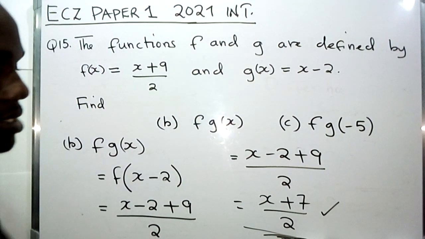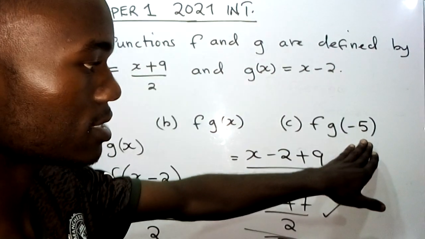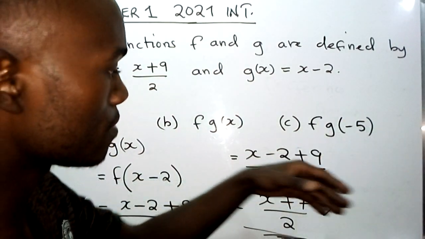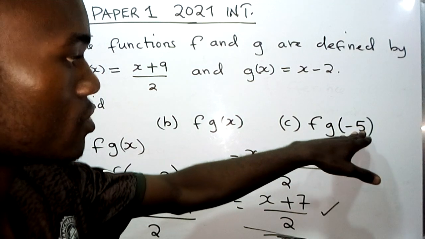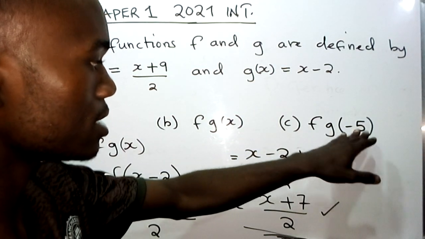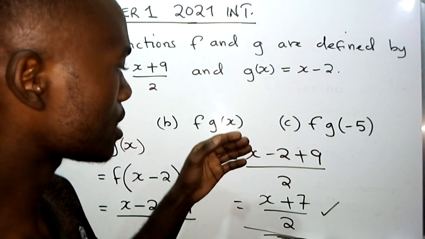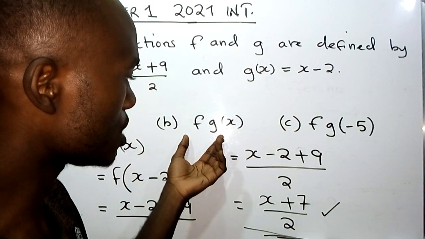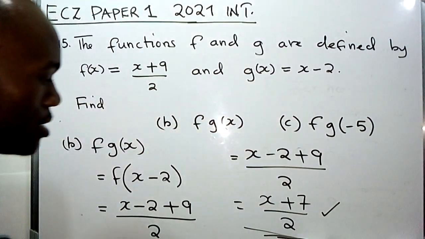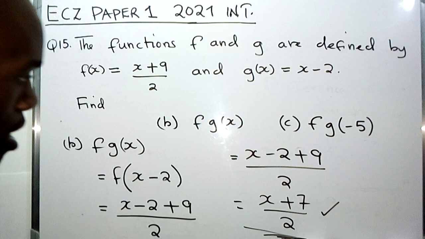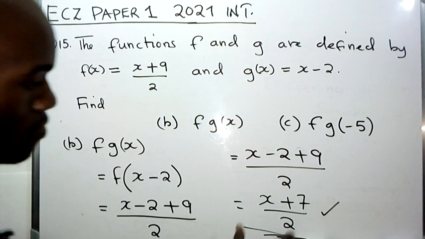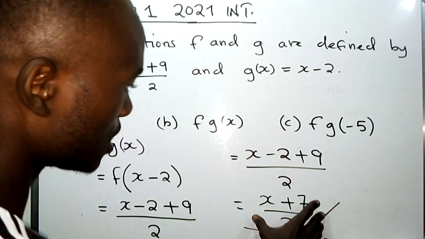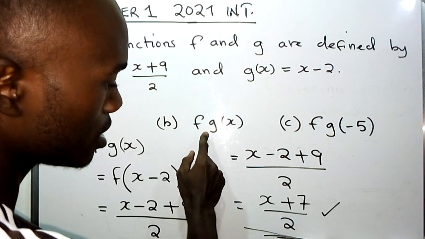In this case we are using negative 5 as the input, or as the domain. So we have to get this negative 5 and replace it into the answer that we have found for part B, where there is x. Now let's see what we are going to have. For the meantime, I'll just keep this answer for part B.